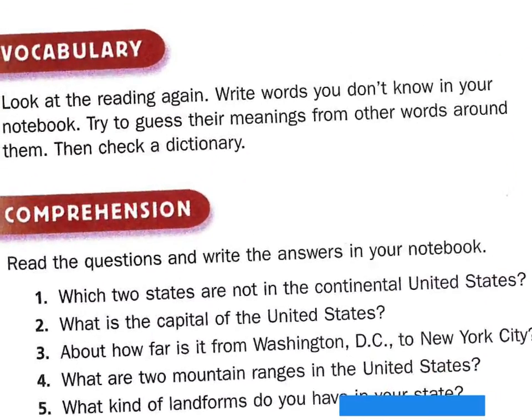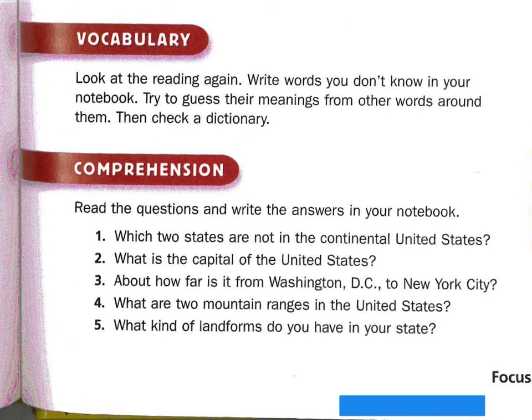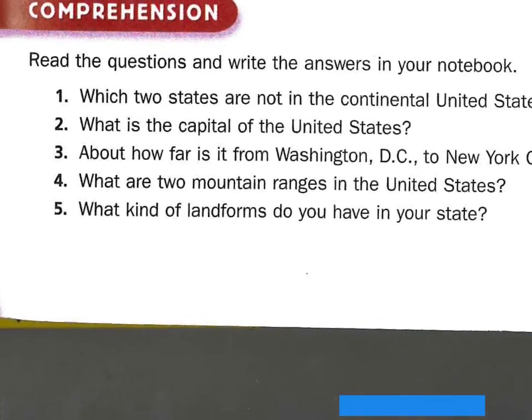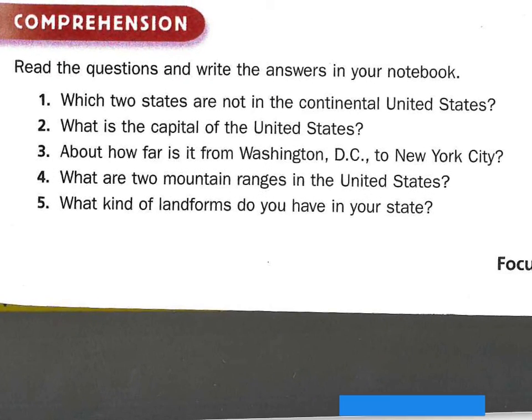Look at the reading again. Again, in your notebook or in your workbook, highlight the words you don't know. What are their meanings? Look them up if you don't know. Which 2 states are not in the continental United States? Do you remember?